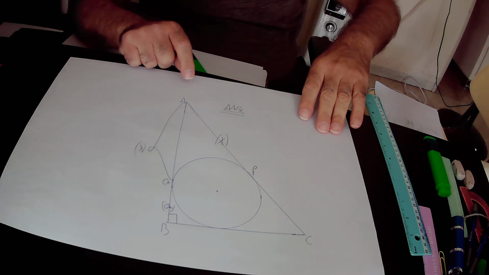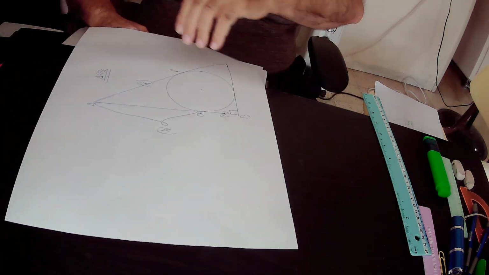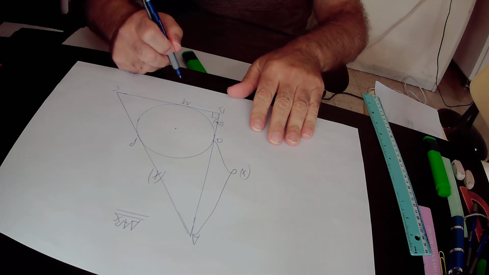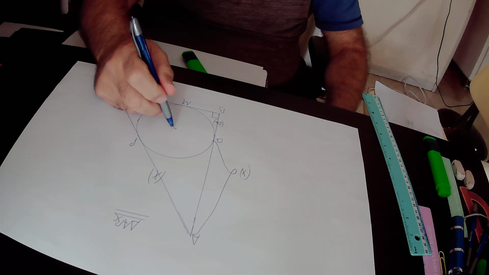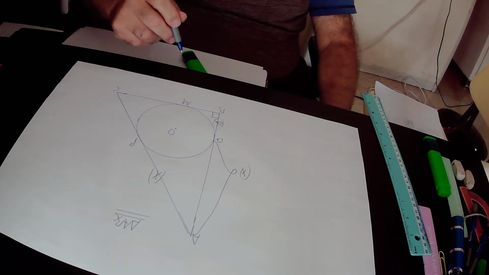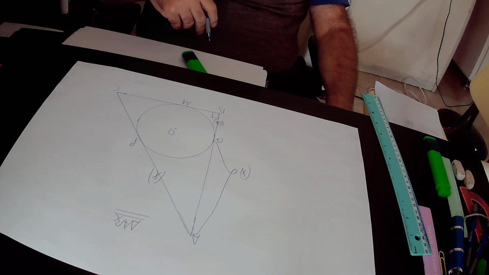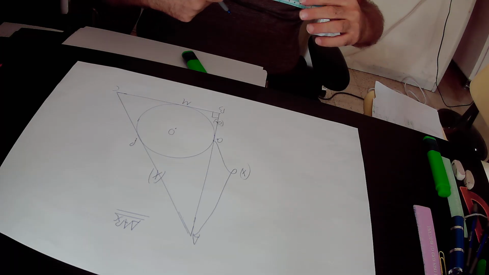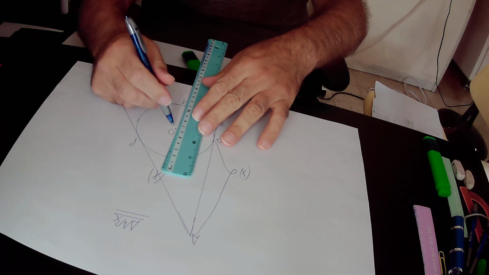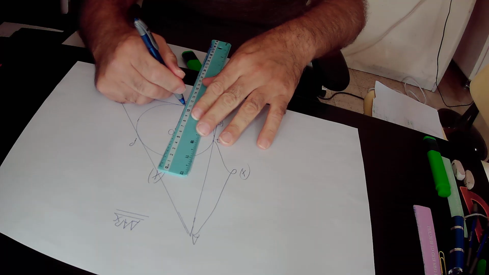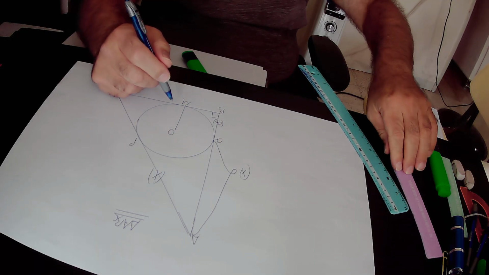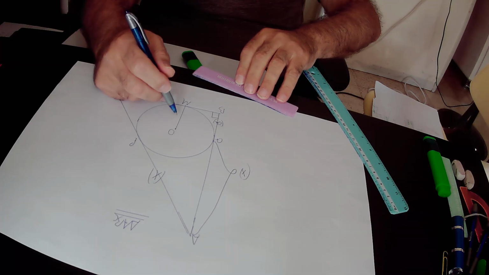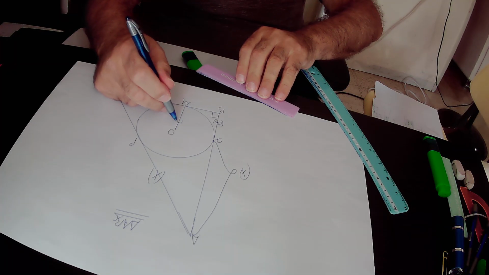This point is point M. We define the center of this circle. This point is point O. We define the radius of this circle as R. In the next step, we join points O and M together by a straight line. Point O is the center of the circle, point M is a point on the circle itself, therefore OM is the radius of this circle that equals R.